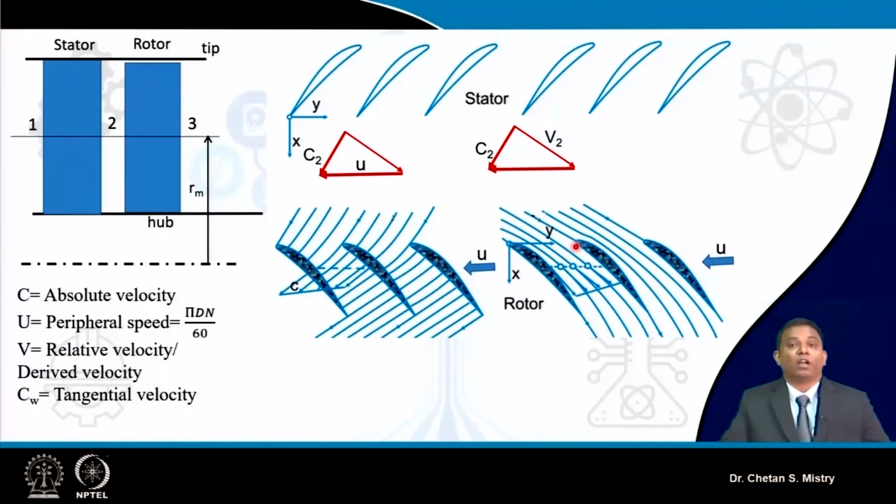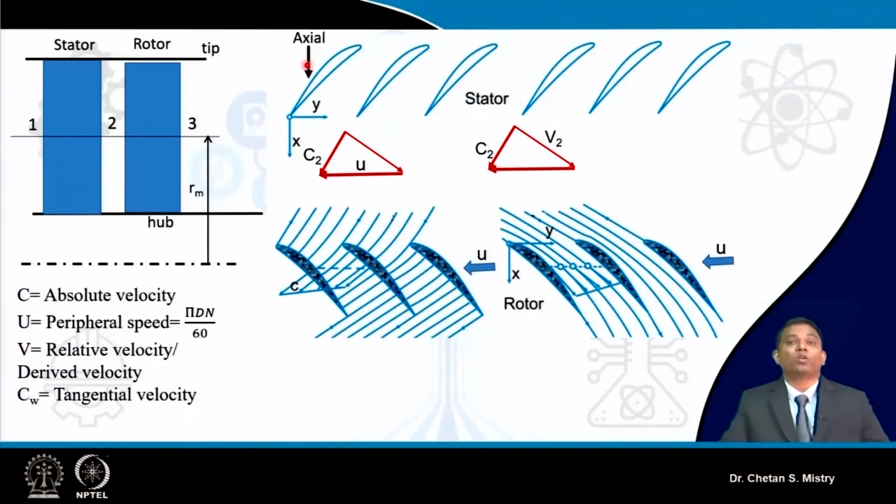We know the rotor is a rotating device, and for that I will put the streamlines. This represents the relative velocity streamlines. Now, what is happening at the component part? My flow is entering in the axial direction, because this is an axial machine. So my flow is entering axially.